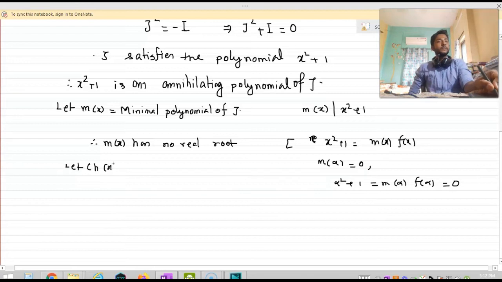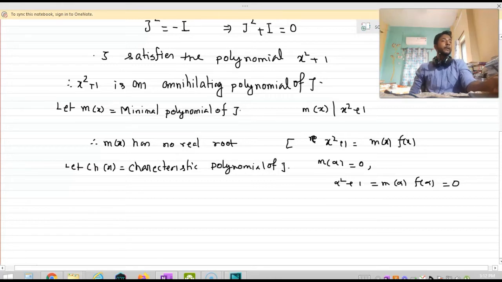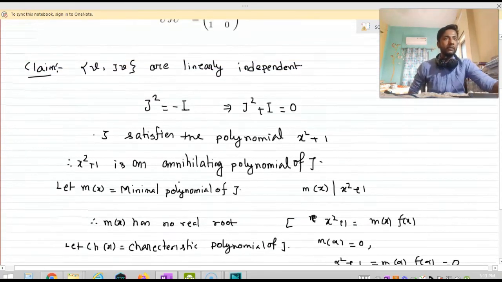Let ch(x) be the characteristic polynomial of J. As the minimal polynomial has no real root, the characteristic polynomial has no real root, and hence J has no real eigenvalues.